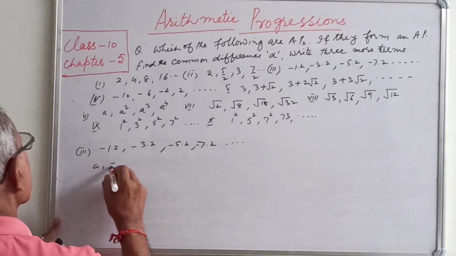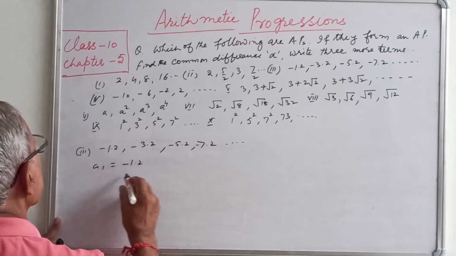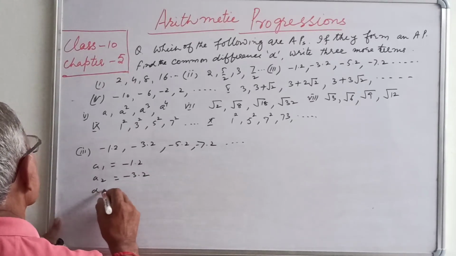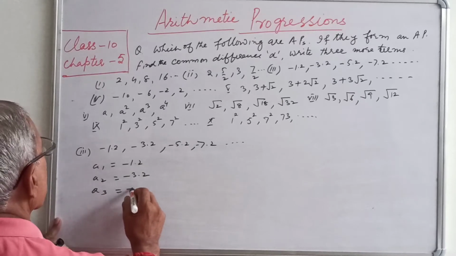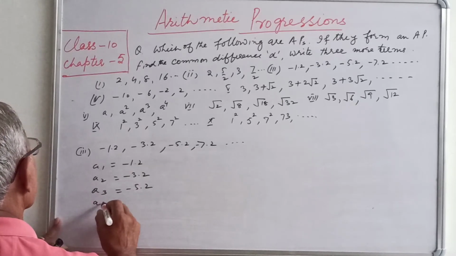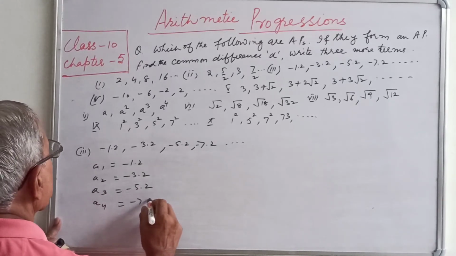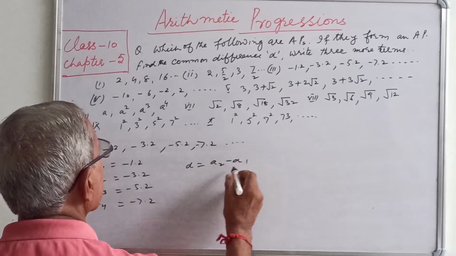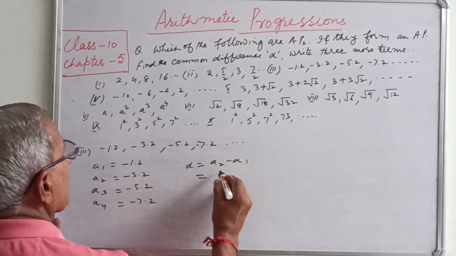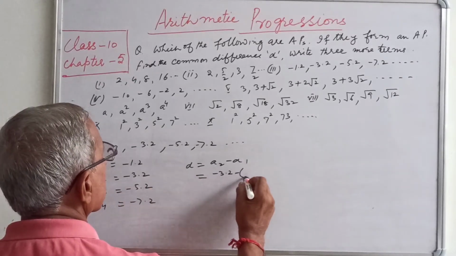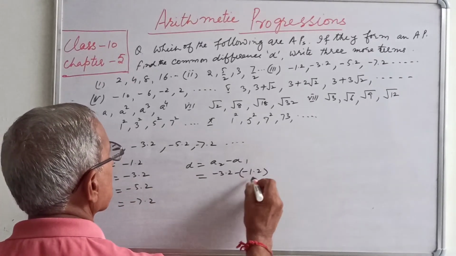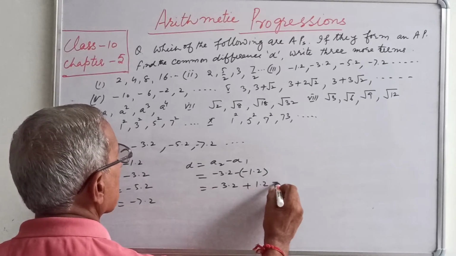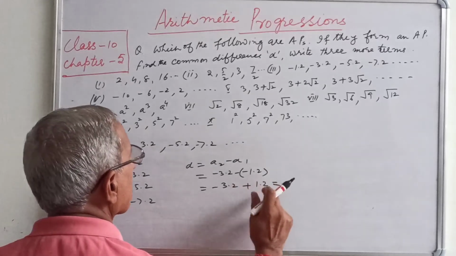So A1 here is minus 1.2, A2 is minus 3.2, A3 is minus 5.2, and A4 is minus 7.2. So D, A2 minus A1: minus 3.2 minus of minus 1.2, minus 3.2 plus 1.2, so this is minus 2.